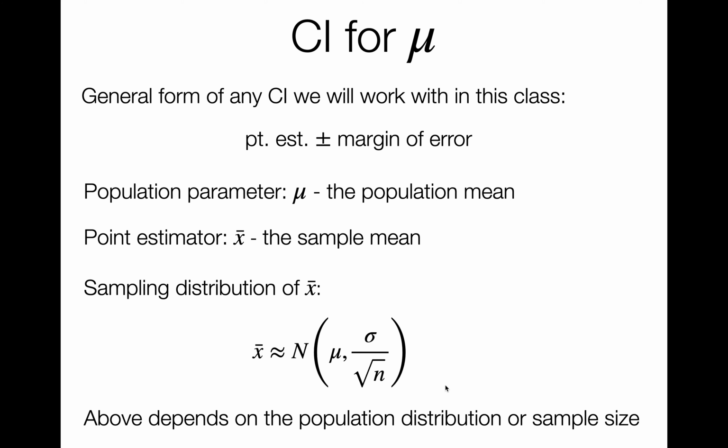And of course, this depends on the sample size or population distribution. So again, those were the two cases. If the population distribution was normal, then x bar was also normal. Or we had the central limit theorem, which guaranteed us that if the sample size is large enough, then x bar would tend to normality.